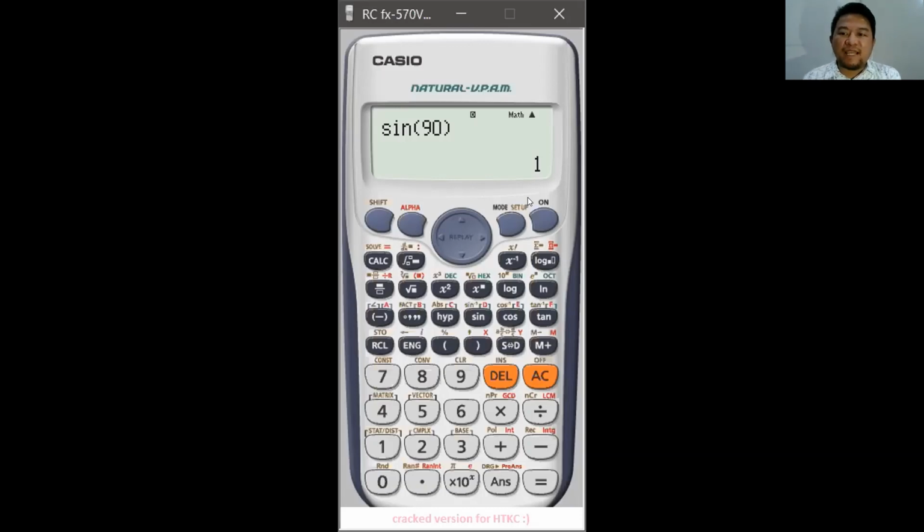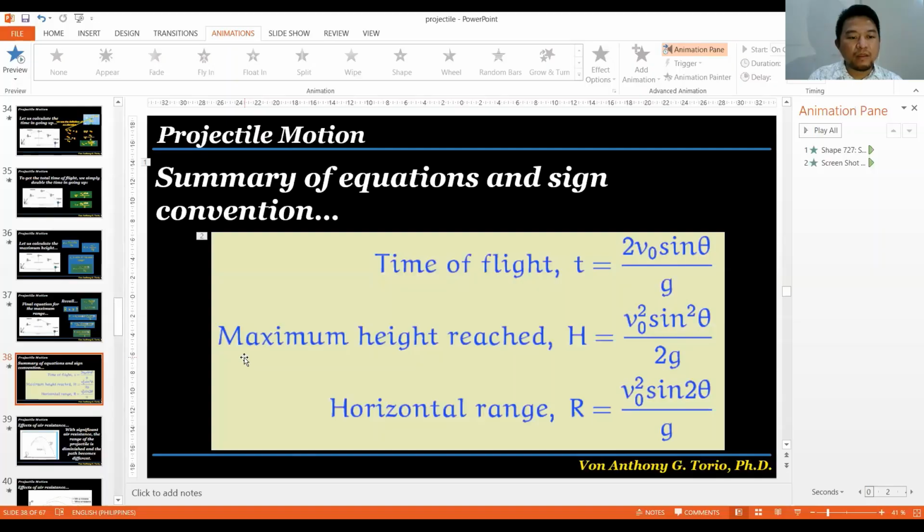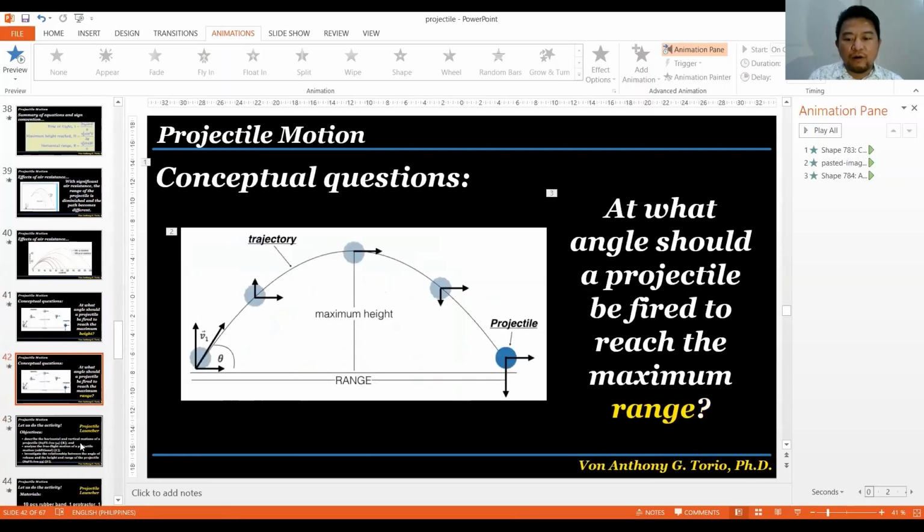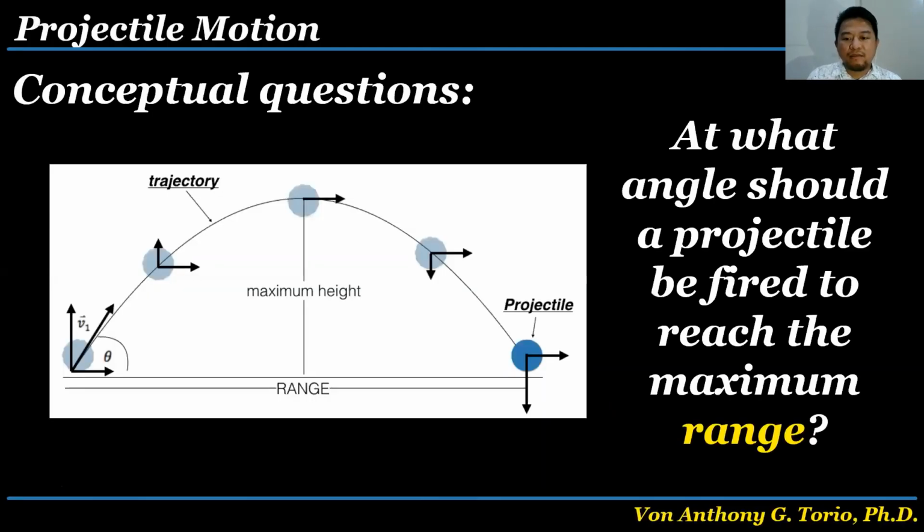It simply makes sense. If you want a projectile to reach the highest, you throw it upward. The second question that we are to consider, let me just quickly share my slide again, is: what would be the value of the angle so that it will reach the maximum range?